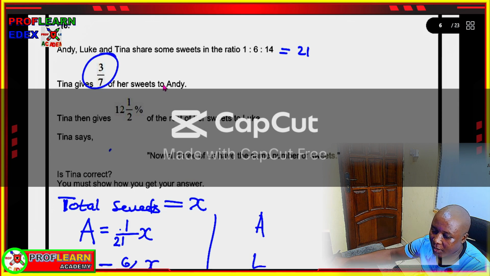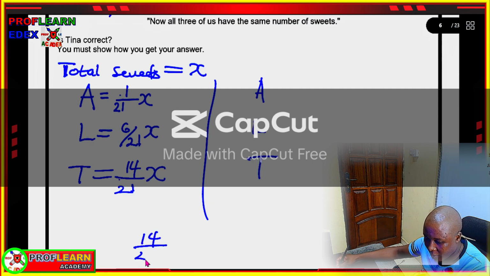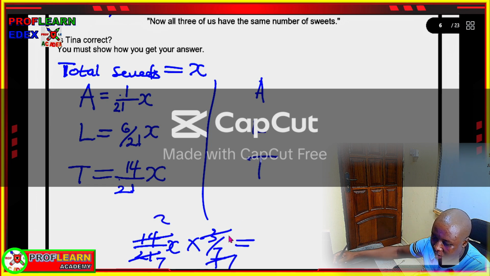What does that mean? Tina has 14 over 21 x, and 3 over 7 of that is equal to what? The 7 goes into 14 two times, so the sweets that are going to be transferred will be 2 over 7 x.